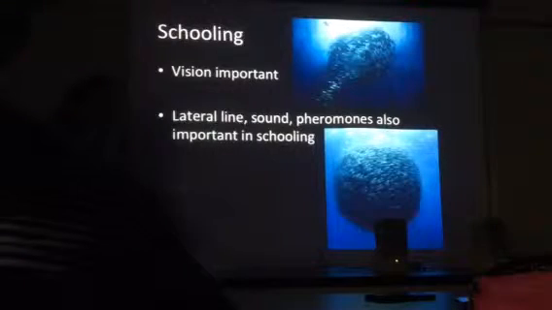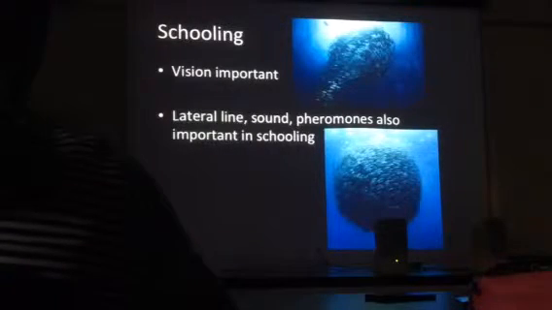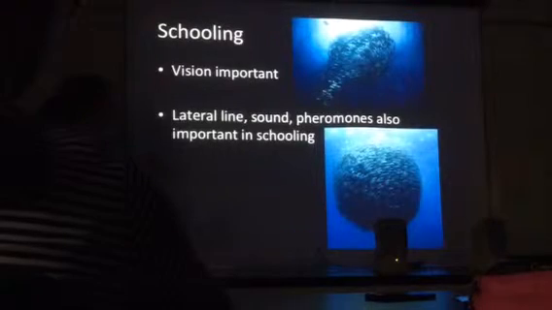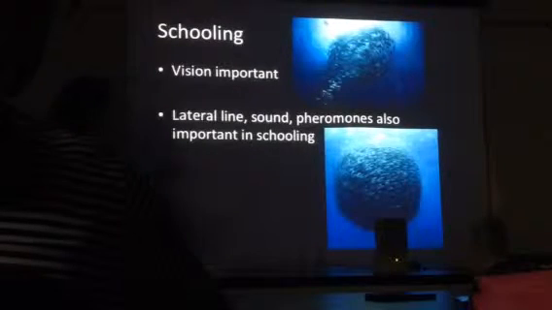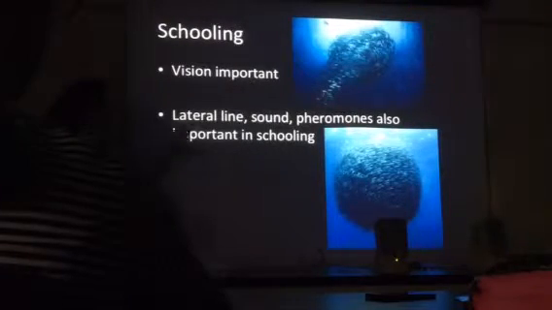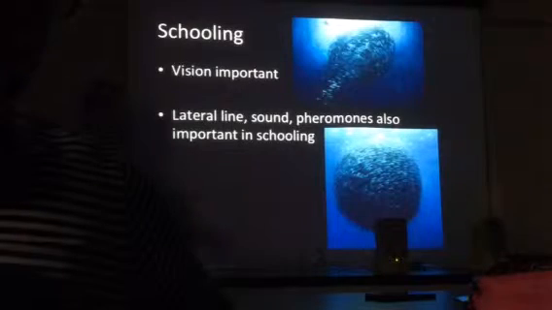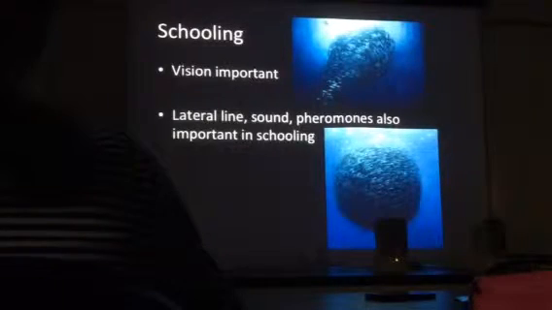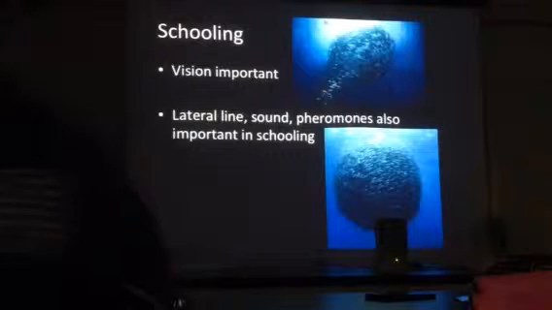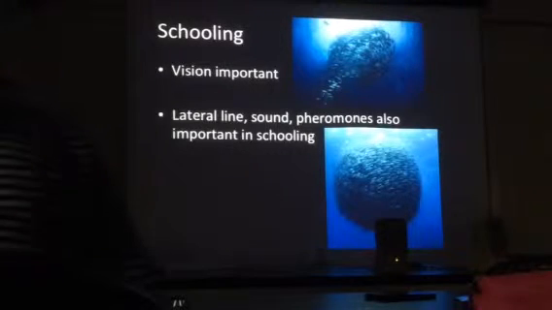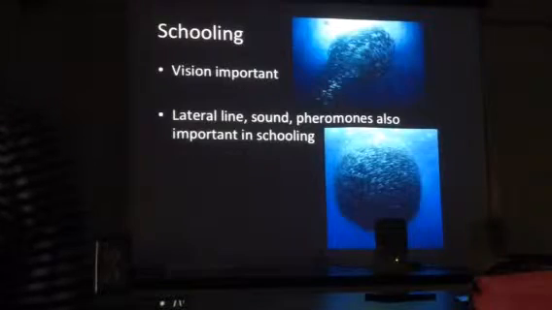They do use primarily their lateral line, but most fishes, not all, a lot of them are visual, so they see each other. They can also hear. They use pheromones, so they can smell. All of those cues are important for behaviors like schooling or any kind of group, and also mate acquisition and food acquisition.